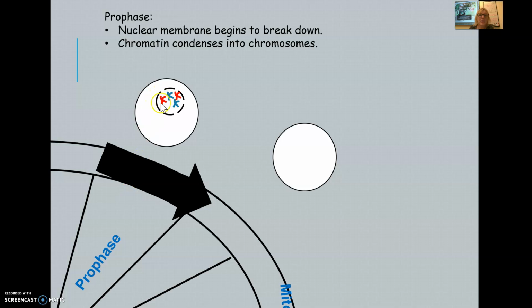So there's 2 chromatids attached at the centromere. And so you have a chromosome that kind of looks like an X. I love using 2 different colors because it kind of helps you separate that there's 2 different kinds of chromosomes there. One from mom and one from dad.